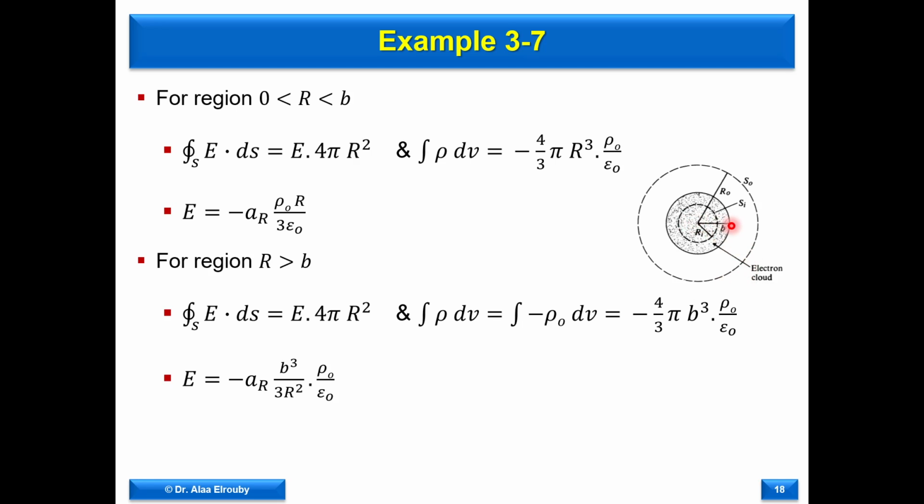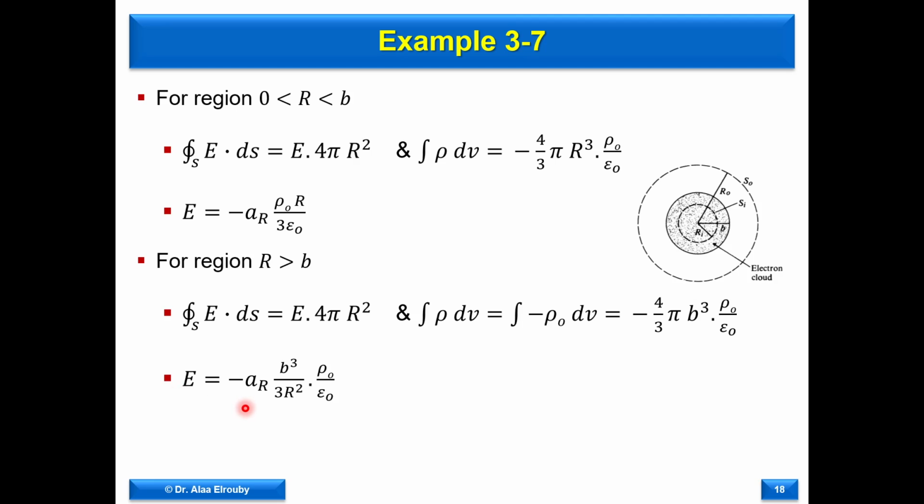The charge is filling up to radius b only, so the total charge enclosed would be constant irrespective of r. So the volumetric integration will be from 0 to r, but actually it is 0 after b. So the total charge would have this expression, equating the two sides.